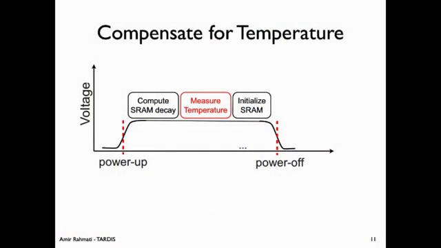It turns out most microcontrollers have onboard thermal sensors, so it can measure its own temperature. And for the computers that don't have a temperature sensor, almost everything out there is actually a temperature sensor, it turns out. It can behave like one. So we measure that temperature, and that way we can figure out which curve to use in estimating the time delay. After we do that measurement, we initialize the SRAM again to a known condition so that we can prepare for the next power off.